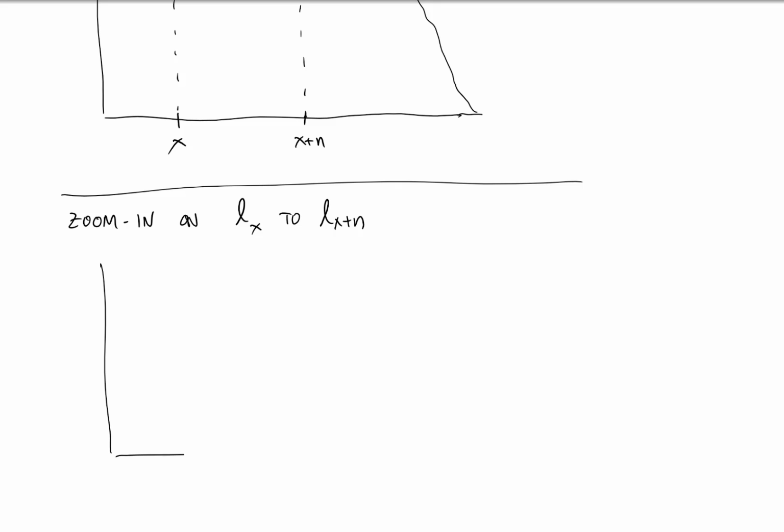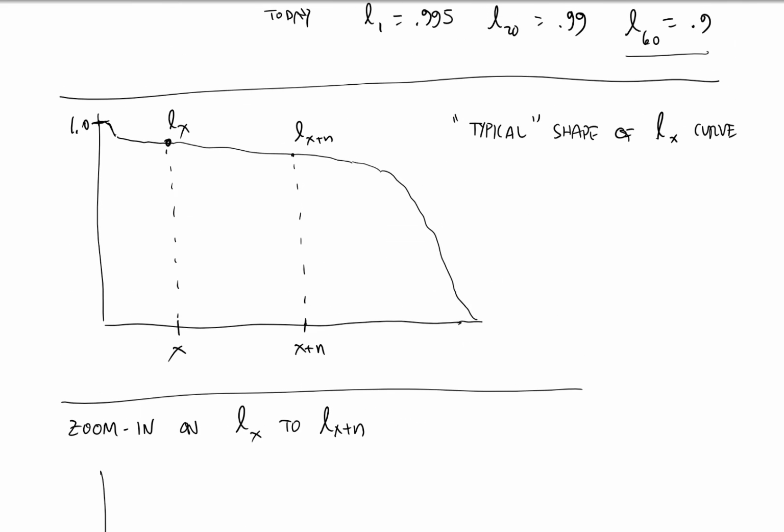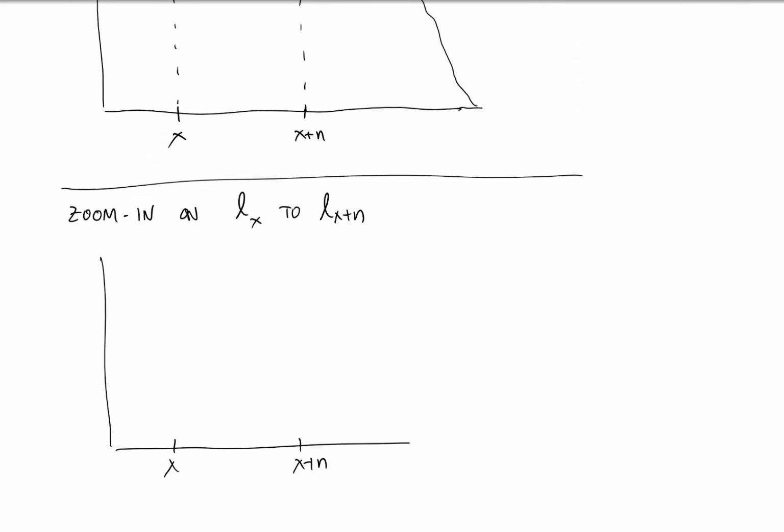So I'm going to draw this again. Here's my x, here's my x plus n. As I said, for most ages, in the middle, not at the very young, not at the very old, it's relatively flat. So I'm just going to draw it like this. Here's Lx. Here is Lx plus n. What is the difference now between this and this?